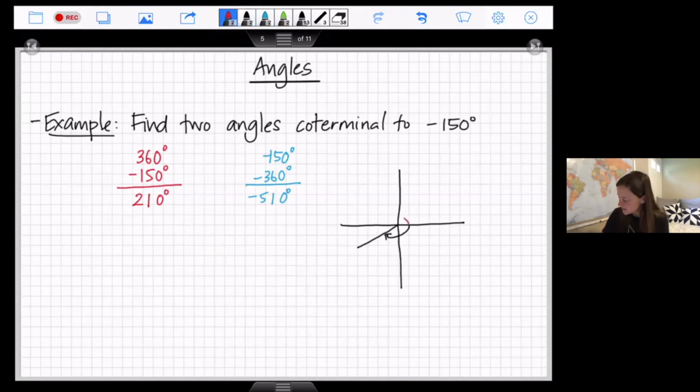That actually makes sense counterclockwise because it's positive, and a little bit more than 180. 210 is a little more than 180. The negative angle is the angle that goes negative 150 and then another negative full revolution. That's negative 510. Okay, so you don't need to graph these to find coterminal angles. You can just add or subtract 360 degrees as many times as you want.